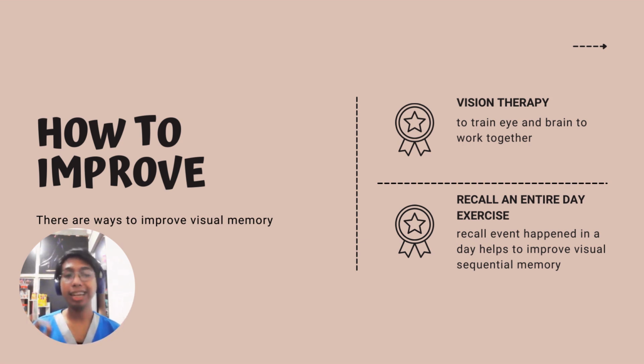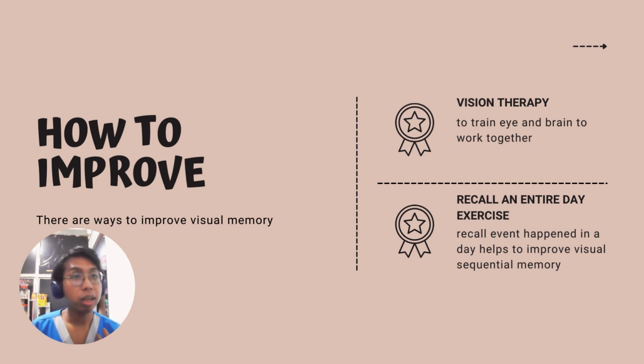And then the recall an entire day exercise, which is to recall events that happened in a day, helps to improve visual sequential memory. For example, you know that this person or your child has poor visual memory. So how can you do it? You ask them, all right, what mommy wants to know is what happened today.